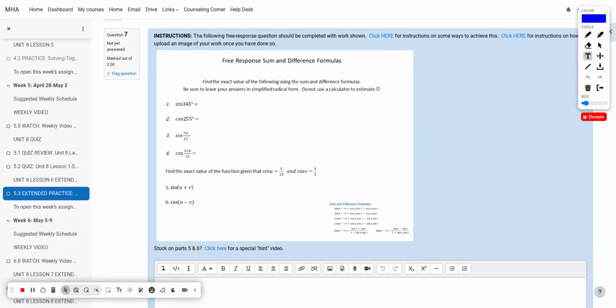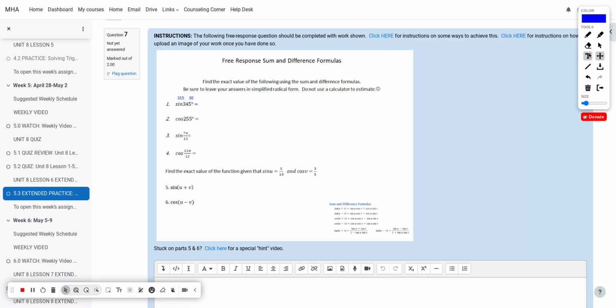So for sine of 345, there's sine of 315 and 30. And that makes 345. So that's what's going to be here.